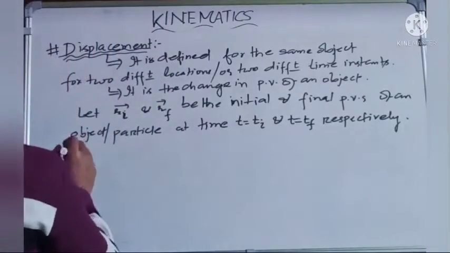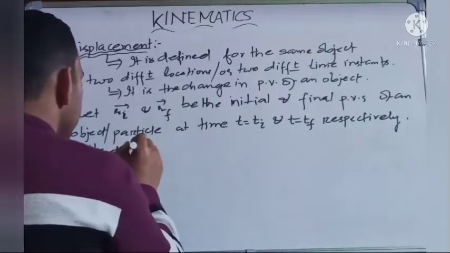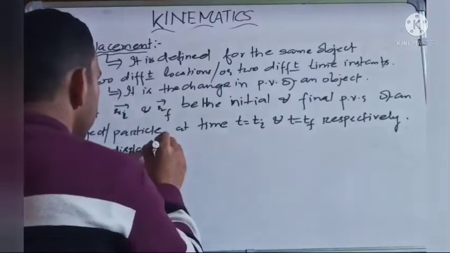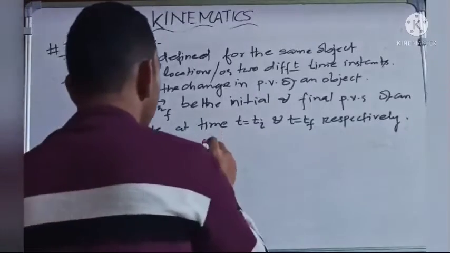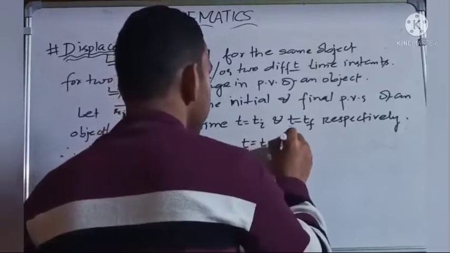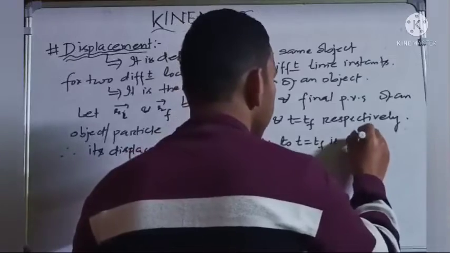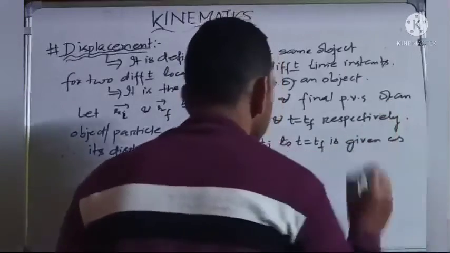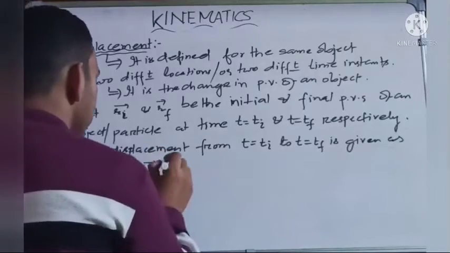Now, therefore, its displacement from time t equal to ti to t equal to tf is given by the vector delta r vector.